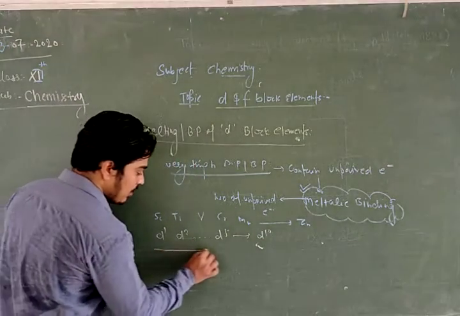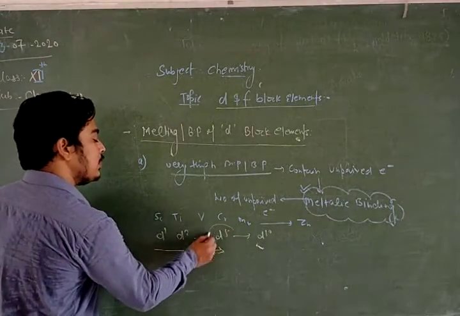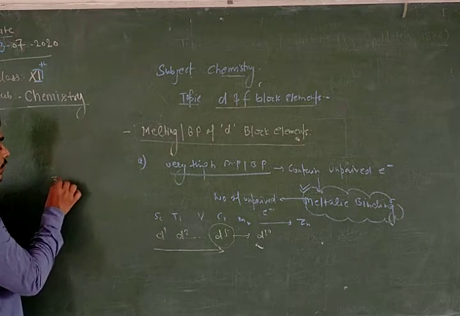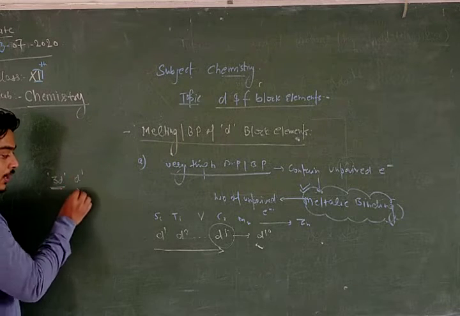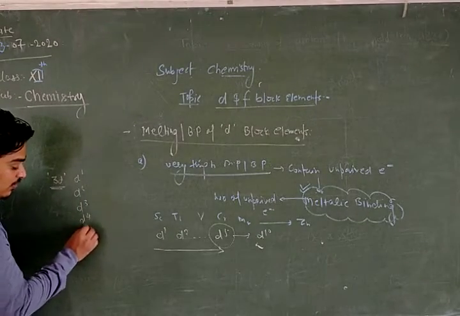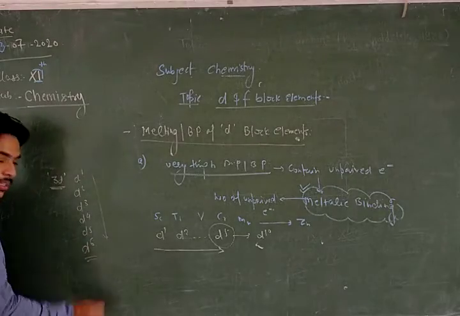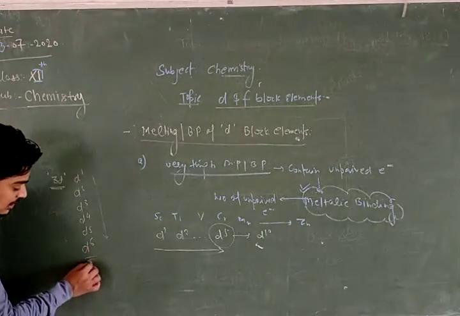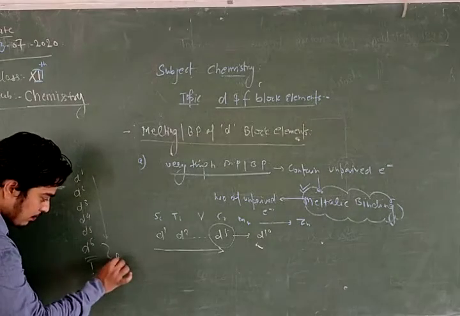So initially the number of unpaired electrons increases till D5 in the 3D shell. Initially D1 has 1 unpaired, D2 2 unpaired, D3 3 unpaired, D4 4 unpaired, D5 5 unpaired. After D5, when it comes to D6, one electron gets paired, means from D6 to D10 pairing occurs.